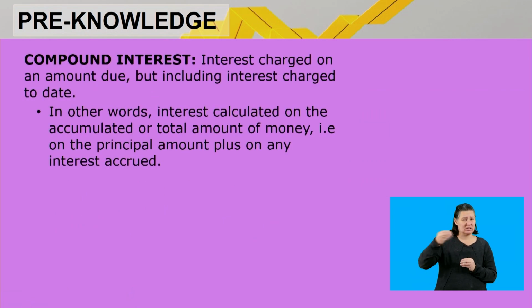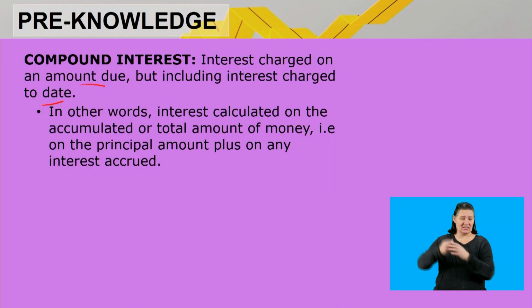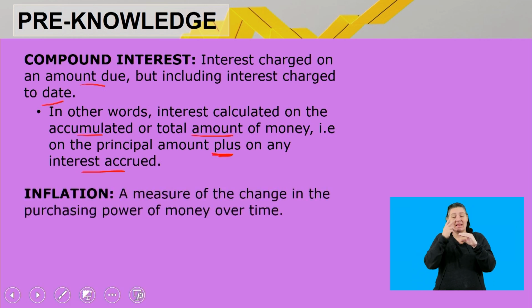So what is compound interest? It's interest charged on an amount due, but including interest charged to date. So we can say it's interest upon interest. In other words, it's interest calculated on the accumulated or the total amount of money. For example, your principal amount, your starting amount, plus, very important to note, any interest accrued. As I've indicated, that's interest upon interest.